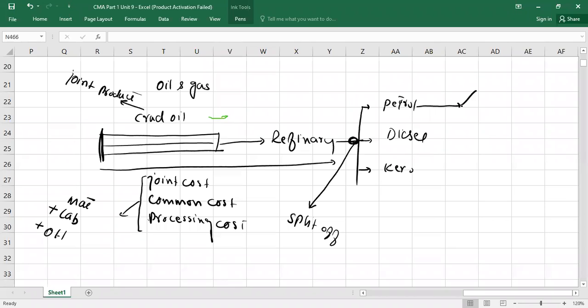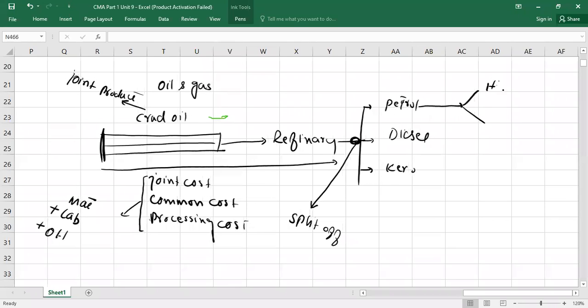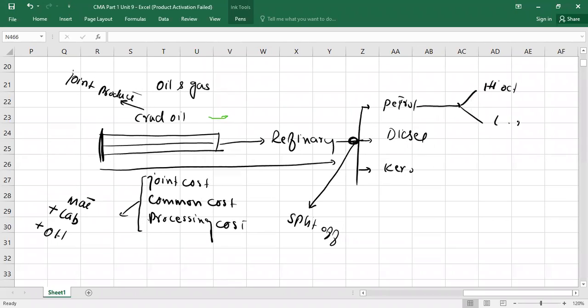For example, you are converting it into high octane and low octane petrol. Whatever cost you incur here to process further is called separable cost. These are called separable costs.